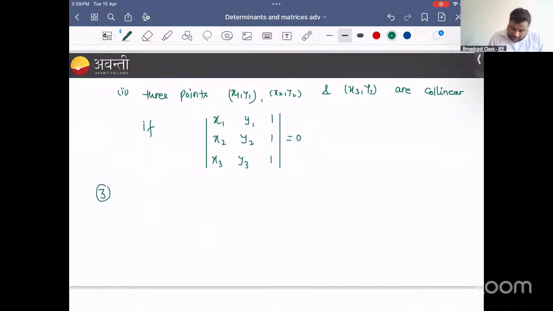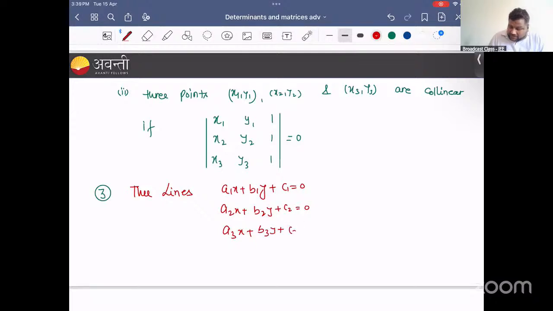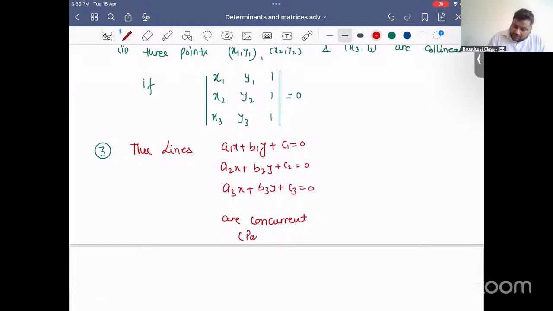Third application that you should remember: three lines a1x plus b1y plus c1 equal to 0, a2x plus b2y plus c2 equals to 0, and a3x plus b3y plus c3 equals to 0 are concurrent. Concurrent means passing through the same point.